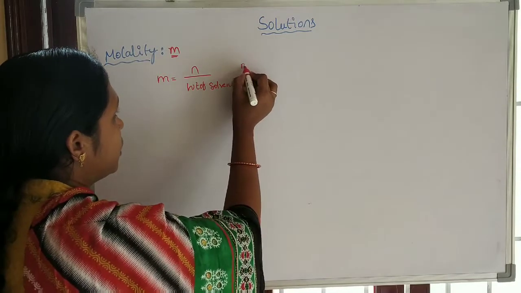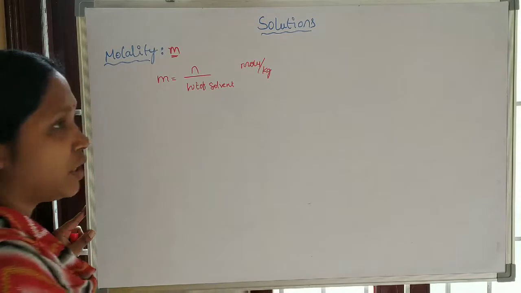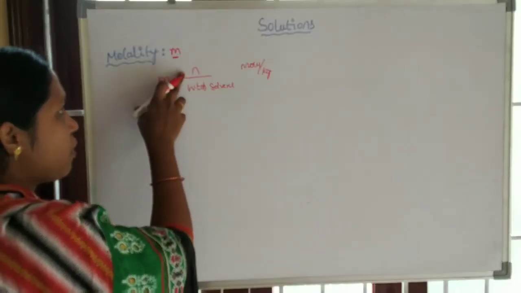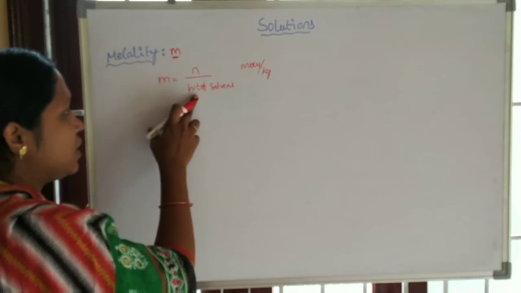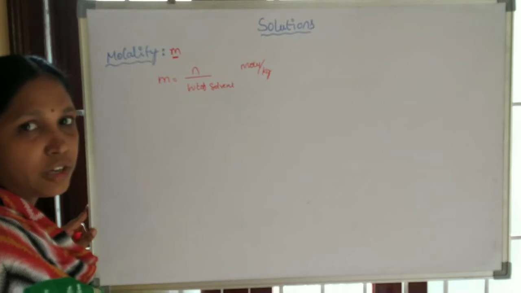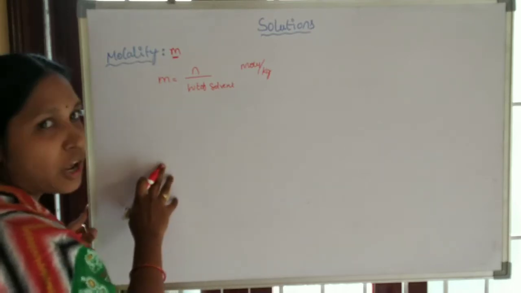That means the units are moles per kg. What is the definition of molality? The number of moles of solute present in 1 kg of solvent is known as molality.